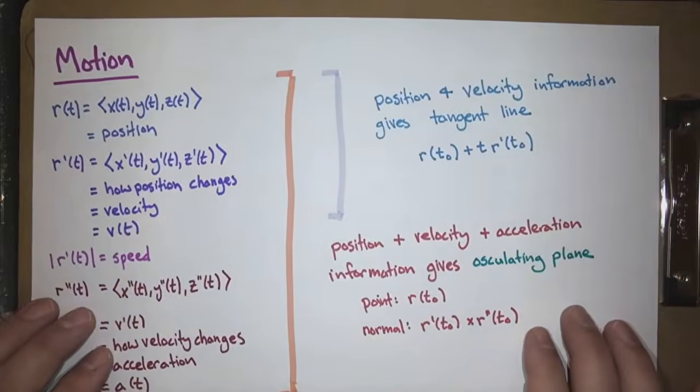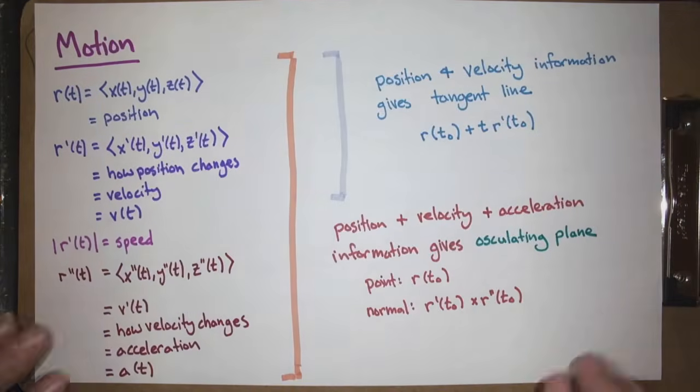Okay, so we'll start with motion. We've already mentioned that we think of r of t as being our position. We've already talked about how the derivative, that's how position changes, has a name, velocity. That's not too surprising.